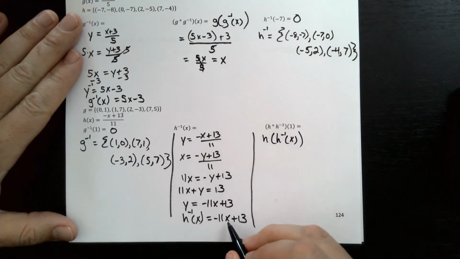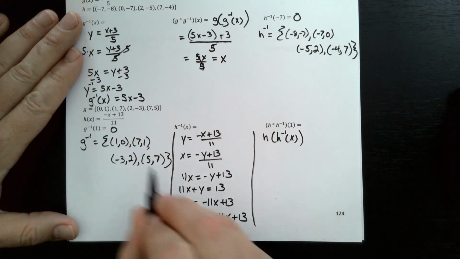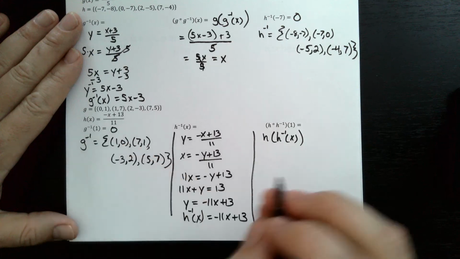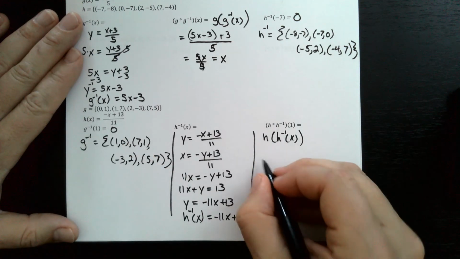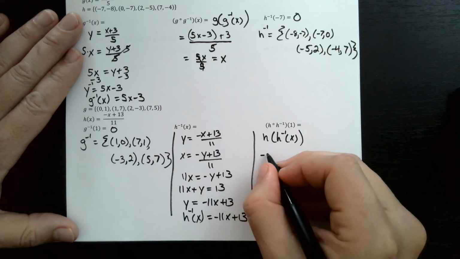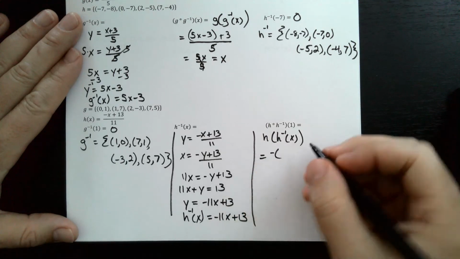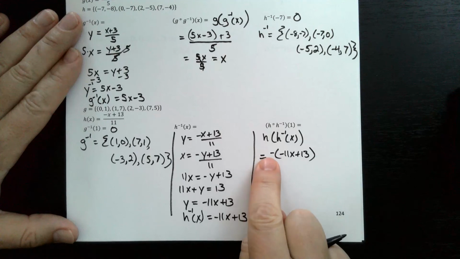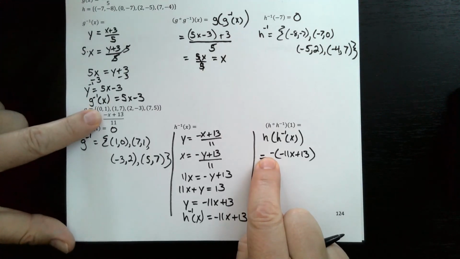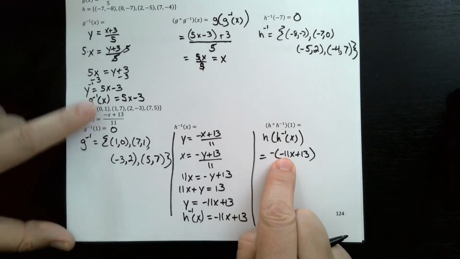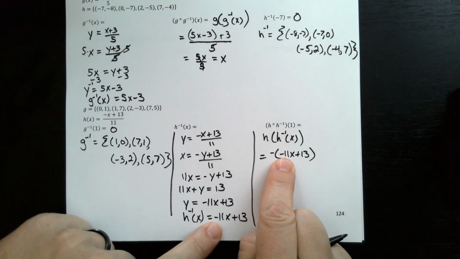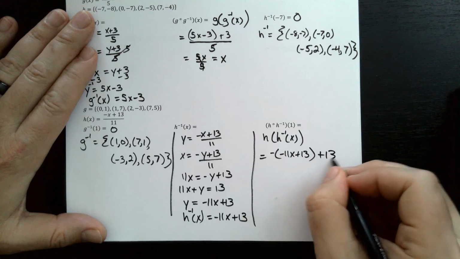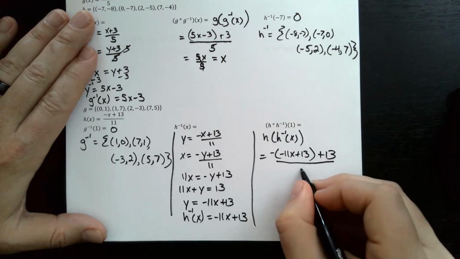So here's the inverse, and we'll take this inverse and put it in place of this right here in the original function. So instead of negative x plus 13 on top, we get negative parentheses negative 11x plus 13. Okay, this negative came from here. This negative was because of this. Okay, and then plus 13 over 11.